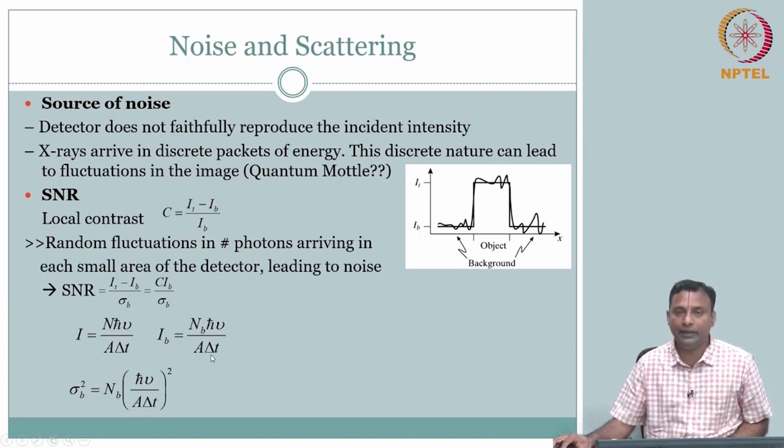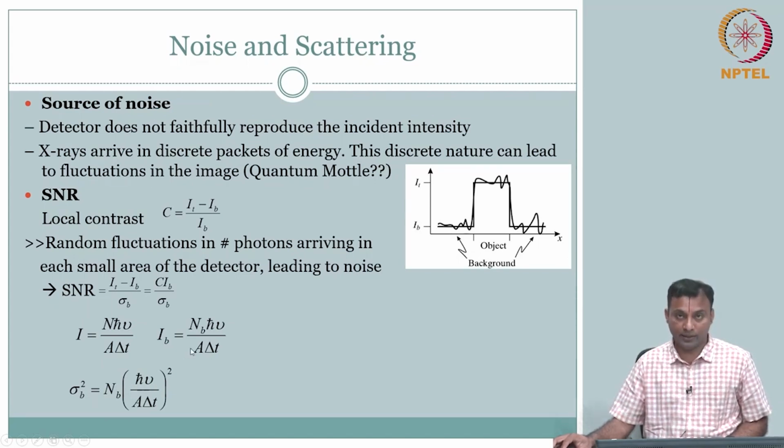Your sigma square is going to be nb, your variance is the same. So if you recall your standard deviation, now we can substitute this. We did a similar thing before, but that was just signal to noise ratio, mean to standard deviation.